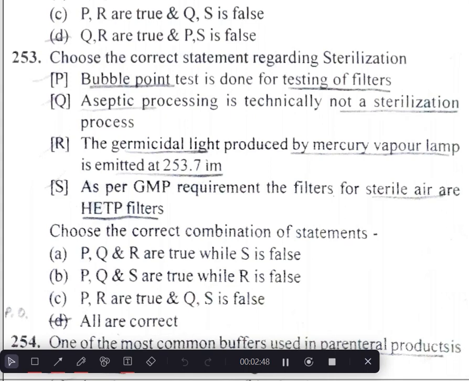Bubble point test is done for testing of filters. Aseptic processing is technically not a sterilization process. The germicidal light produced by mercury vapor lamp is emitted at 253.7 nm, and as per GMP requirement, the filters for sterile air are HEPA filters.